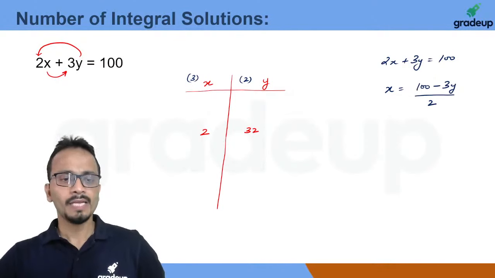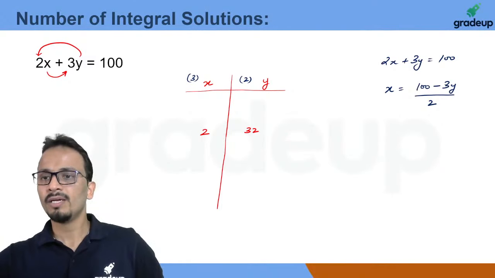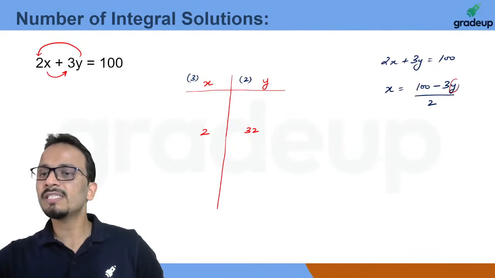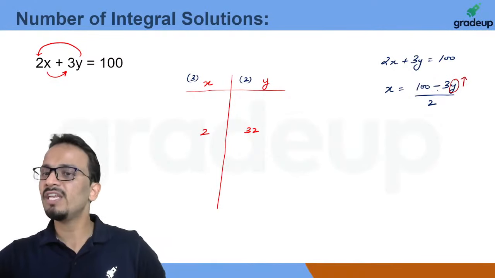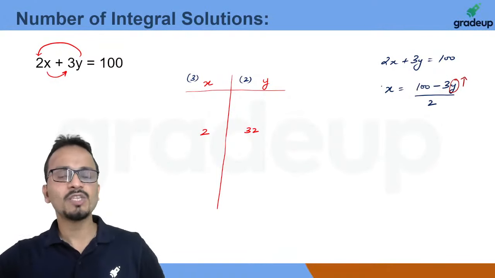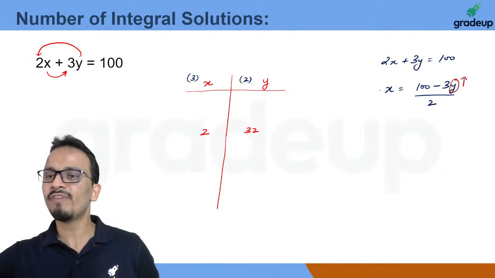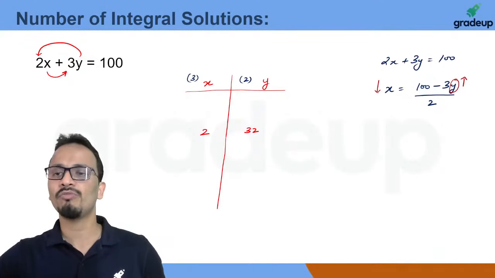Now just have a look at one thing. If I increase the value of y, then what effect will it have on the value of x? An increase in the value of y will have an opposite effect on the value of x.